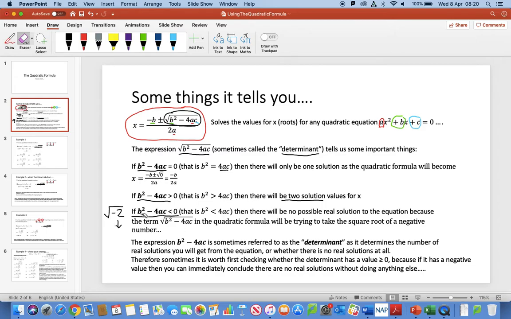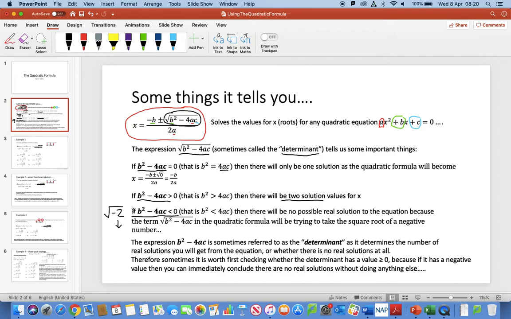So if you substitute the b and the a and the c terms into this simpler little expression here quickly, and you recognise that that's going to be a negative value, then without doing anything else, you know that there'll be no solution to that quadratic equation. And sometimes that's the case.